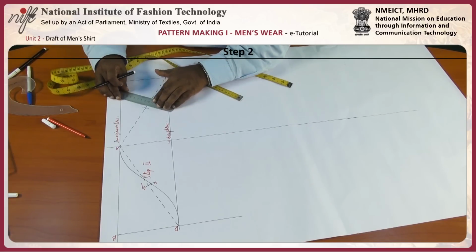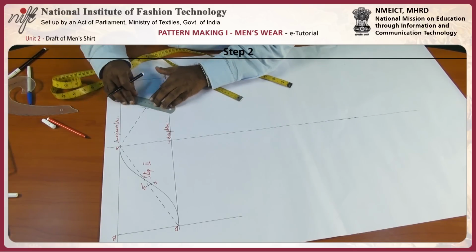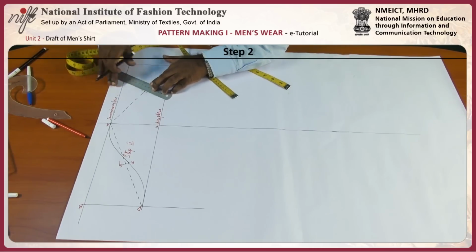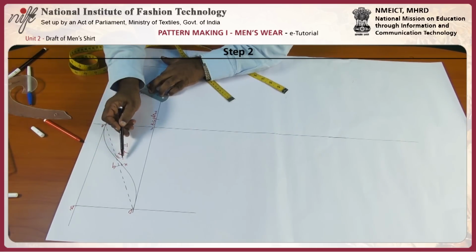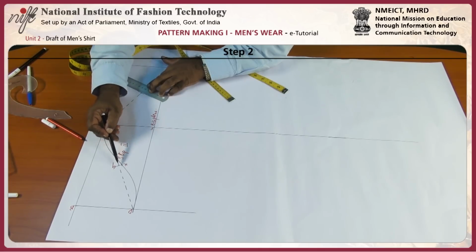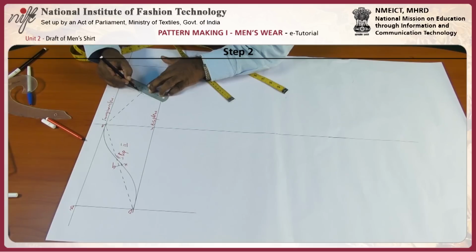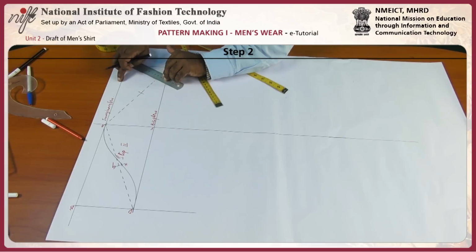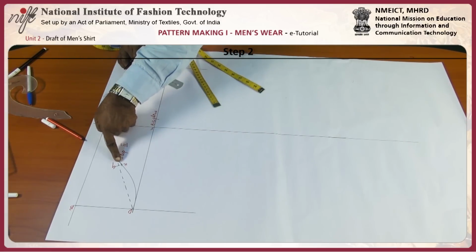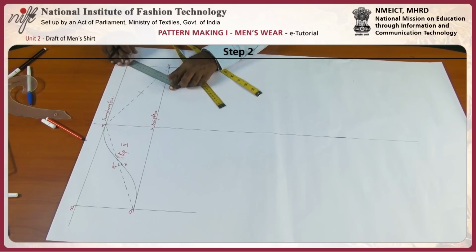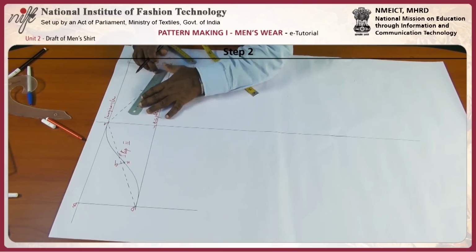Then measure 6 mm facing the imaginary line, whereas the other case is facing towards the bicep line. 6 millimeter should be measured facing towards imaginary line. Here it's measured facing towards the bicep line. So give a cross mark.